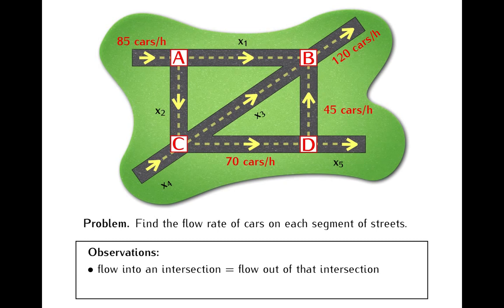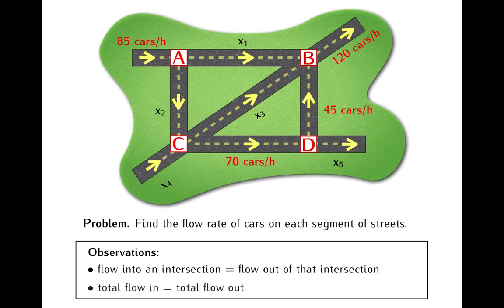It may happen occasionally that, say, a car crashes in the middle of the intersection and never leaves it on its own, but these are rare instances, and usually what gets in gets out. The second observation is similar.